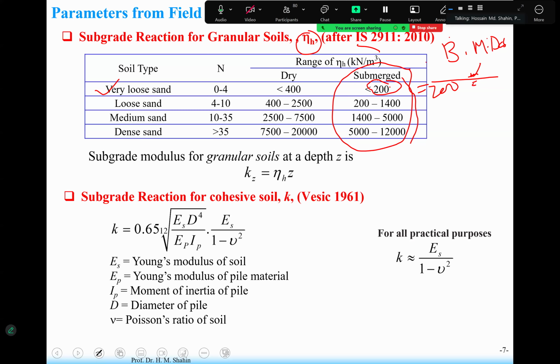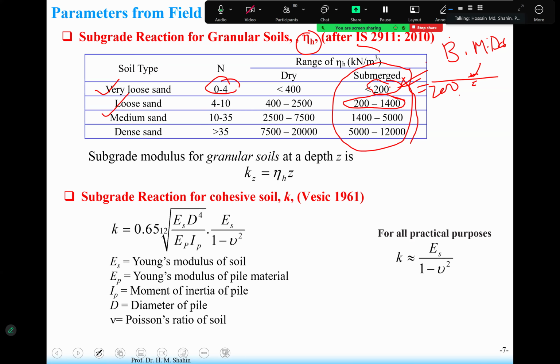If it is say 2 or something, even up to 3, and 0 to 4, up to 4 it is. Then 4 to 10, use the average of this.